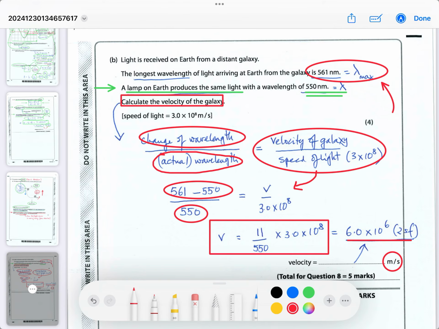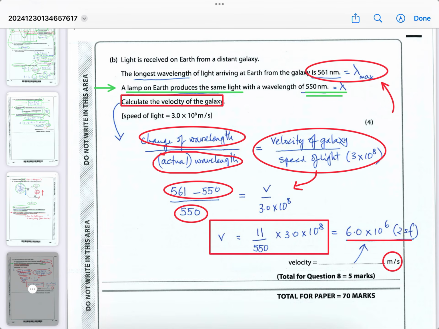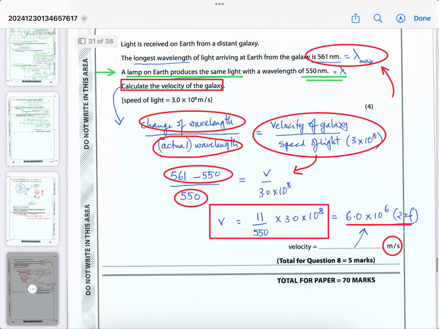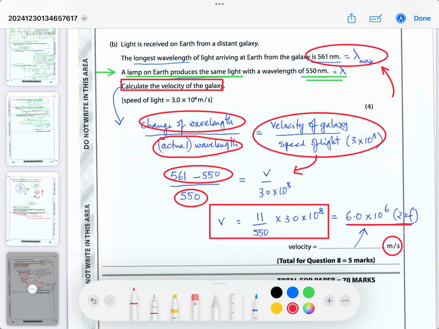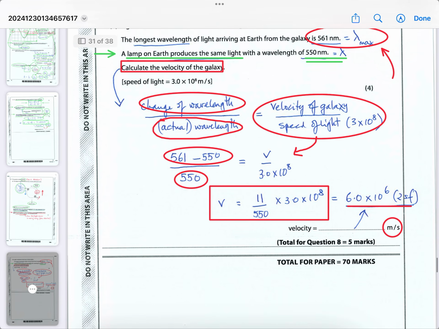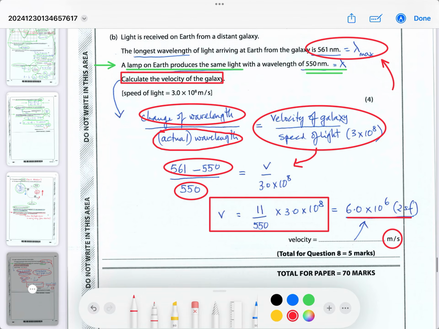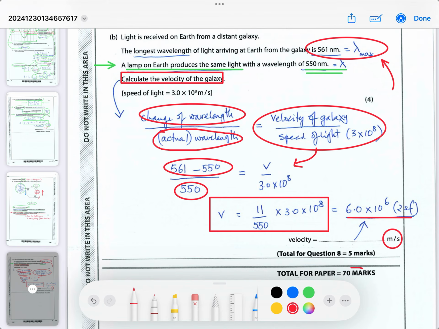Okay, so that's the final question of this paper, and you'll see that the paper is 75 minutes and out of 70 marks. So 75 minutes for 70 marks. And if you remember, paper 2 was 2 hours and 110 marks.